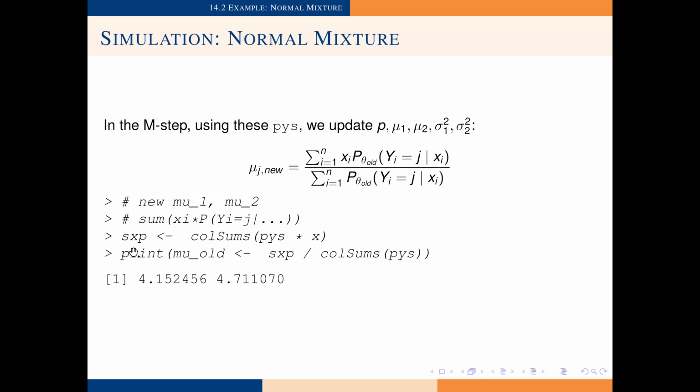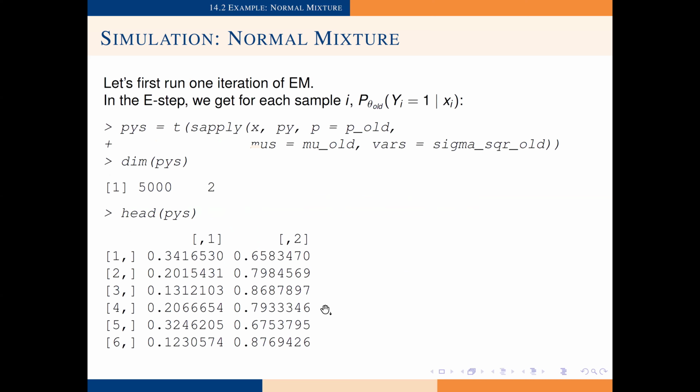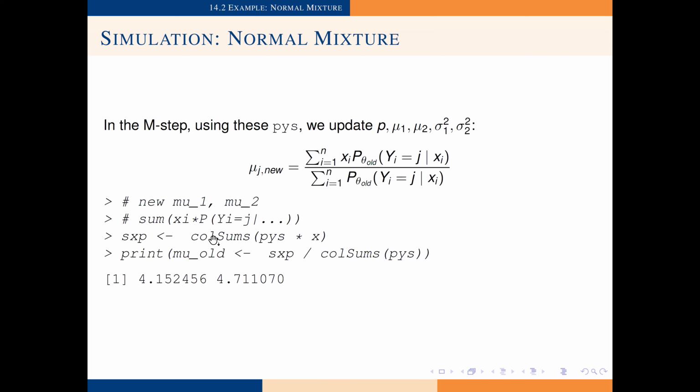So we can first get the numerator using the py's we had earlier. If you take this matrix and multiply both columns by x, you get a new matrix. If you take the column sum, it does the sum over all n of the xi's times the p's, where you end up with 2 entries, one for the numerator when j is equal to 1, and the other for when j is equal to 2.